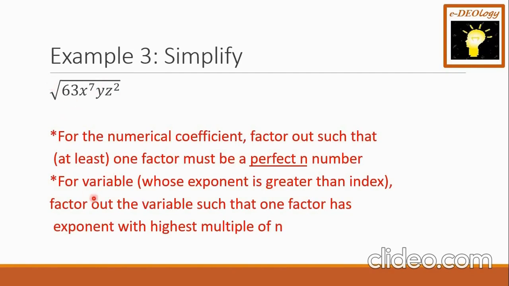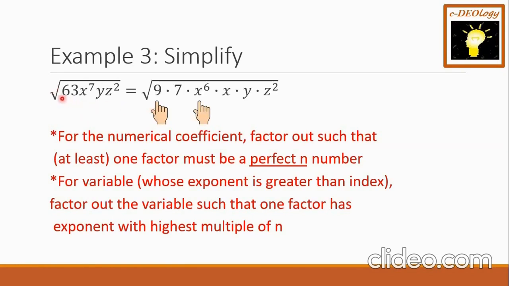And for the variables with exponent greater than the index, in here only the x has the exponent greater than the index. So we're going to factor x in such a way one factor has an exponent that is the highest multiple for the index, and that is 2.